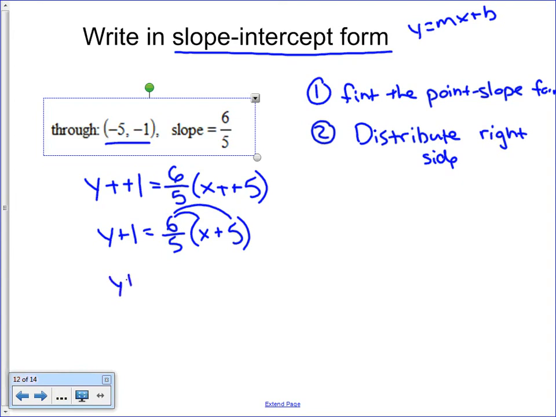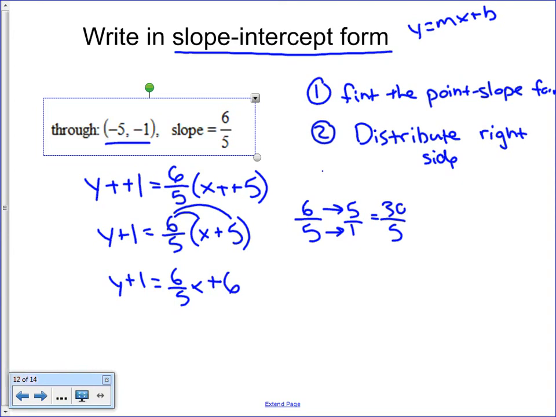So y plus 1 equals 6/5 x, so just a number and x, just multiply those together. And when you're multiplying a fraction and just a number, remember with your multiplying fractions, you're going to multiply across. So you think of that 5 as on top of a fraction, or a 5 over 1. So 6 times 5 will give me 30. 5 times 1 will give me a 5. So 30 divided by 5 will give me a 6, so plus 6.